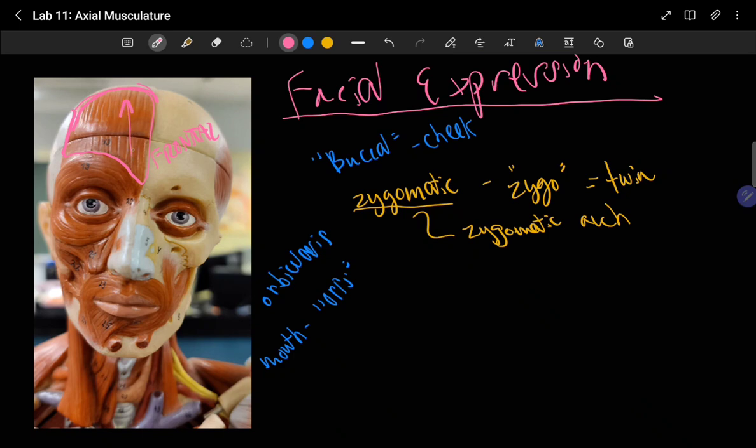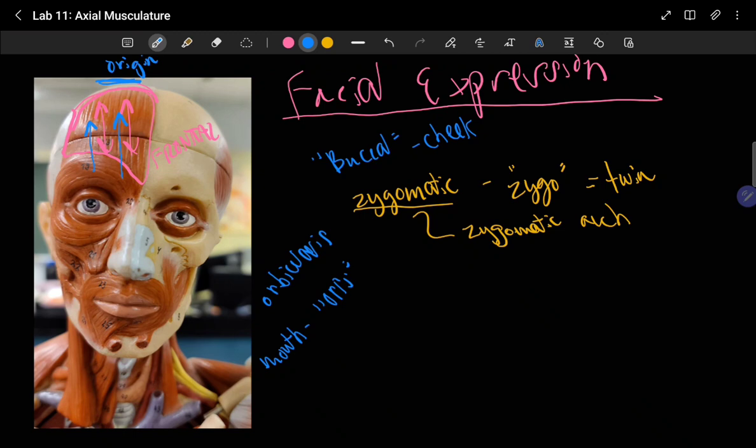Look at the direction of the fibers here. If we had to guess based on the direction of those fibers and what would happen if the fibers shortened, it makes sense that our frontalis muscle helps to raise the eyebrows. So up here we have our more secure attachment point, which we would call our origin. When the muscle shortens with contraction, it's going to pull our eyebrow more superiorly.